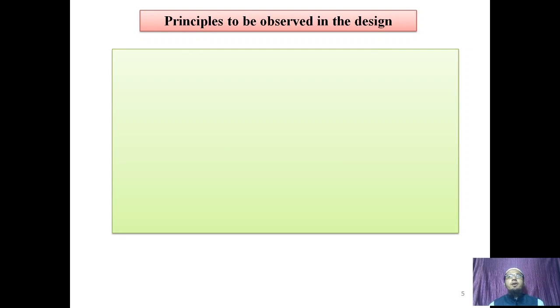First of all, we have to know some of the points or principles which we have to observe in design of the connections. First, we should design the strength of the bolted connections to be more than the design load or actual load.